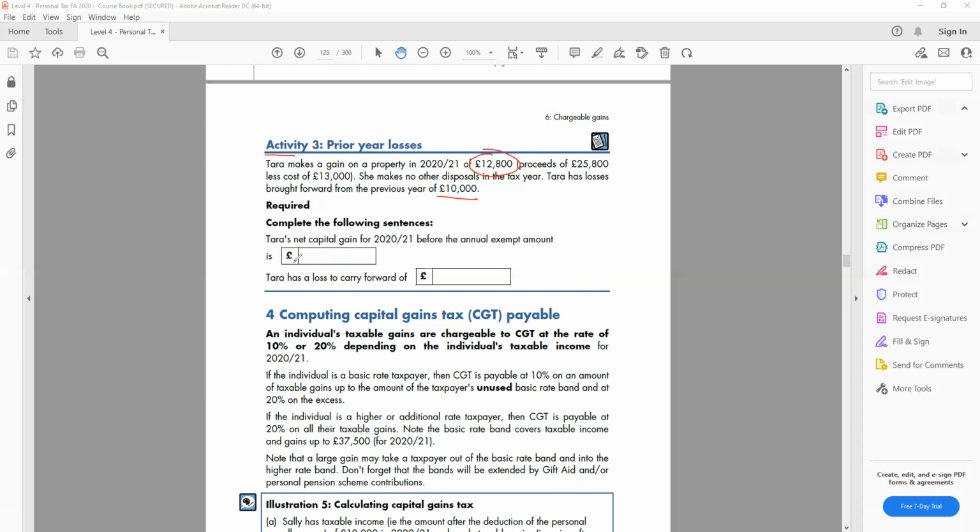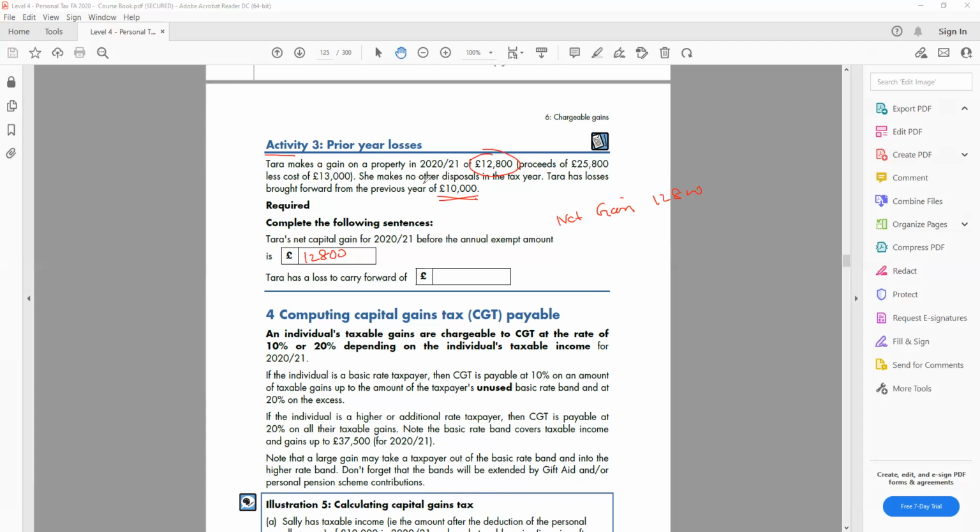So 12,800 is our net gain. And we have some previous year losses. Now this loss is not from the current year. Remember that it's from the previous year.